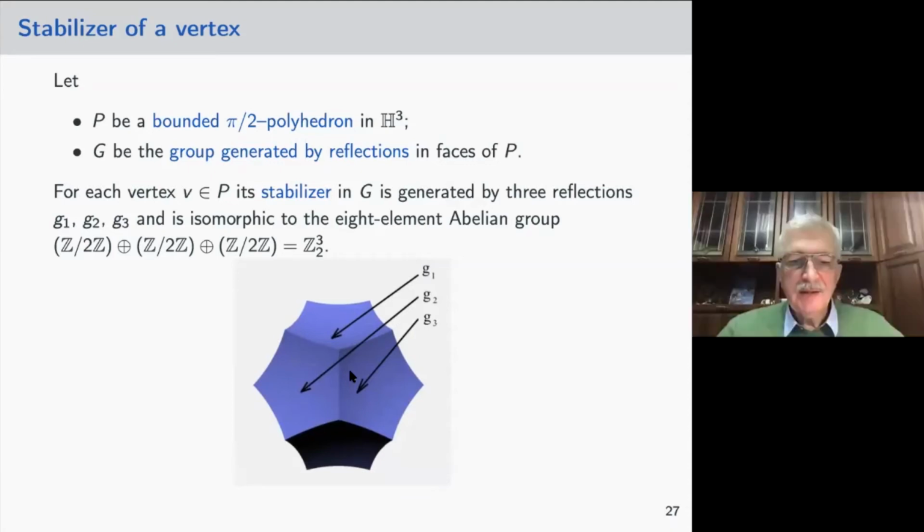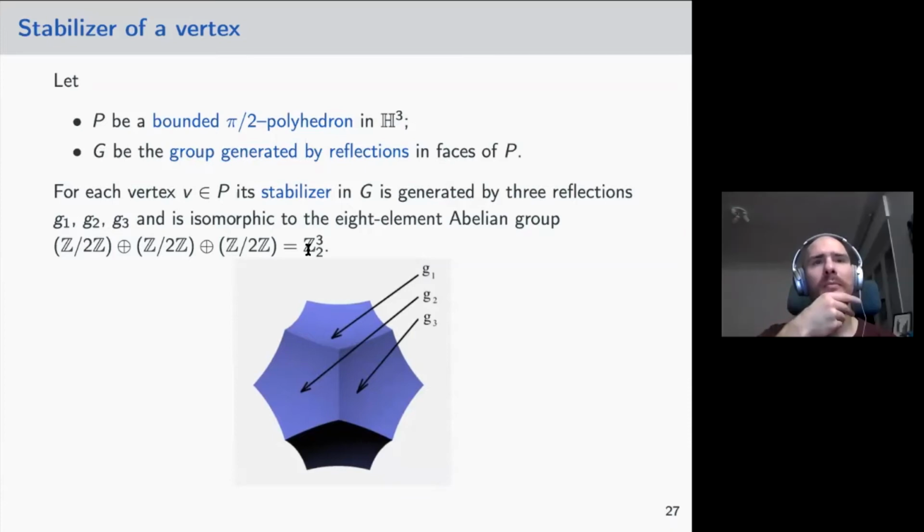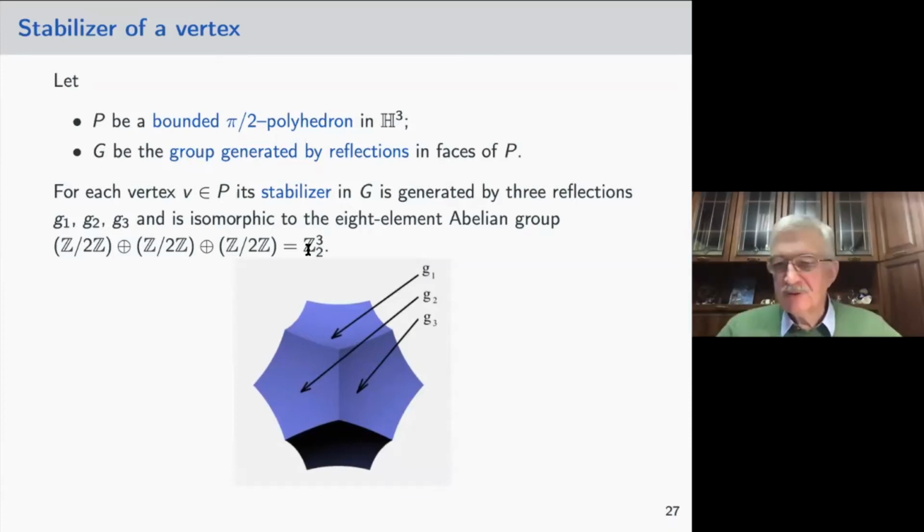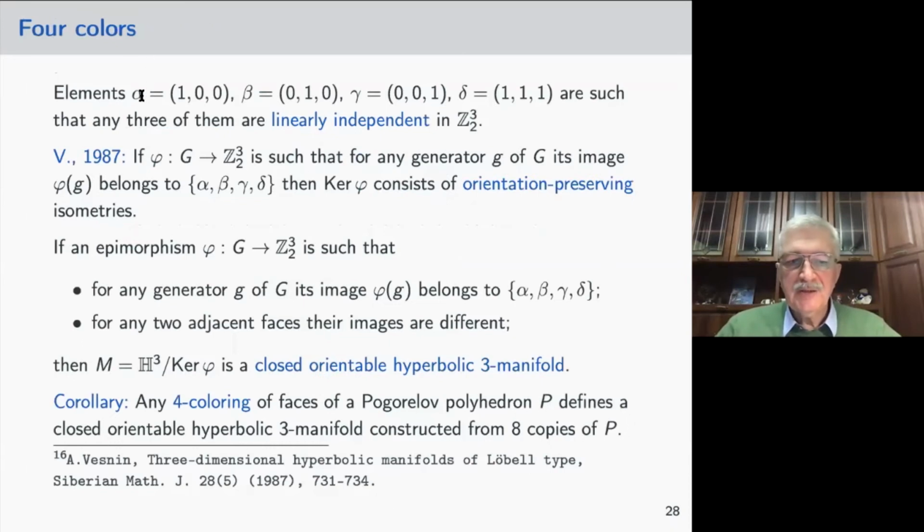So this coloring defines an epimorphism from the group generated by reflections to the group of 8 elements. You just think about the coloring as an element of this group. You can think of your coloring as alpha, beta, gamma, and delta. So coloring is just the language to define a group homomorphism.